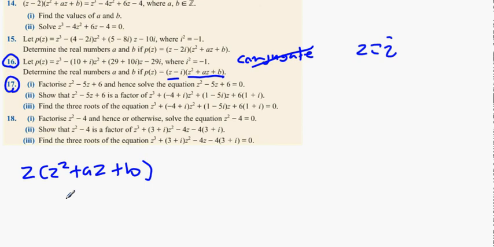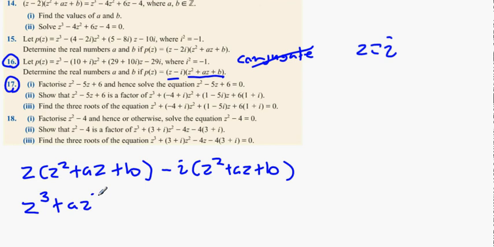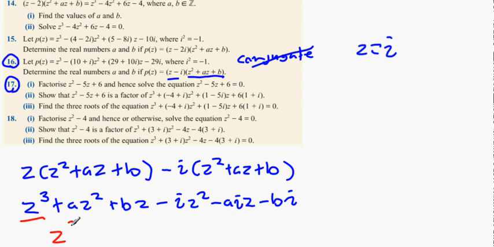Because this part here is a factor. So now we're going to then multiply minus i into z squared plus az plus b. Then we're going to get z cubed plus az squared plus bz plus iz squared minus aiz minus bi. Now we have to group them in terms of z cubed, which is a standalone, and then we've got to get all the z squared.